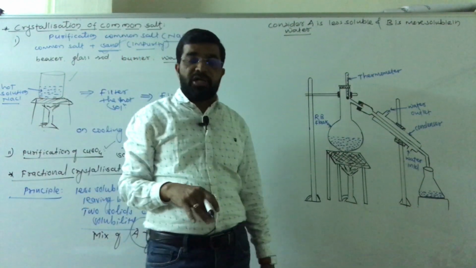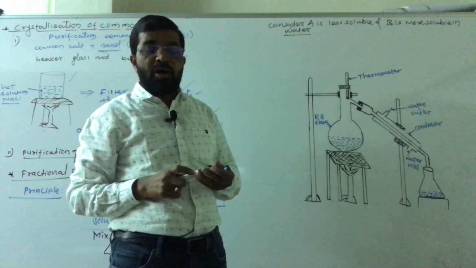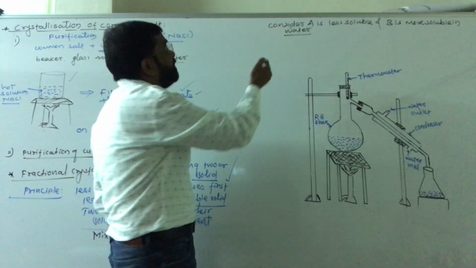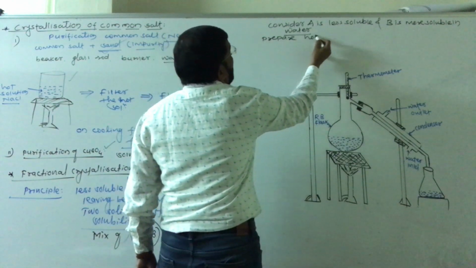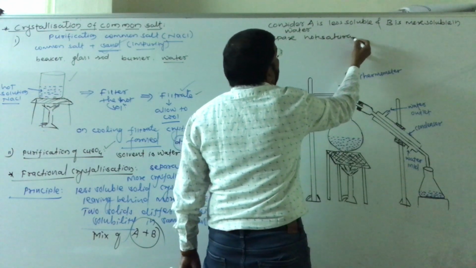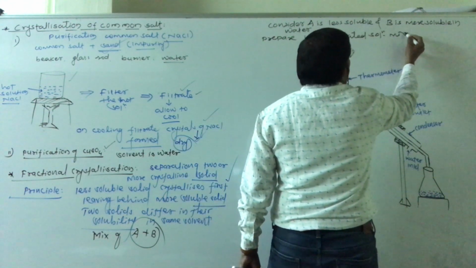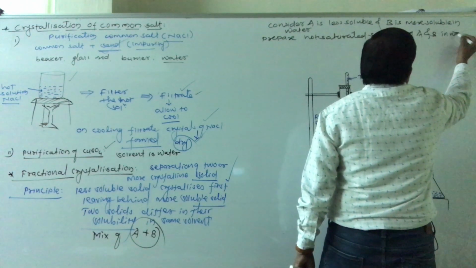A is less soluble and B is more soluble in the same solvent. So how will you separate that? First of all, we have to prepare a hot saturated solution of the mixture of A and B in water.